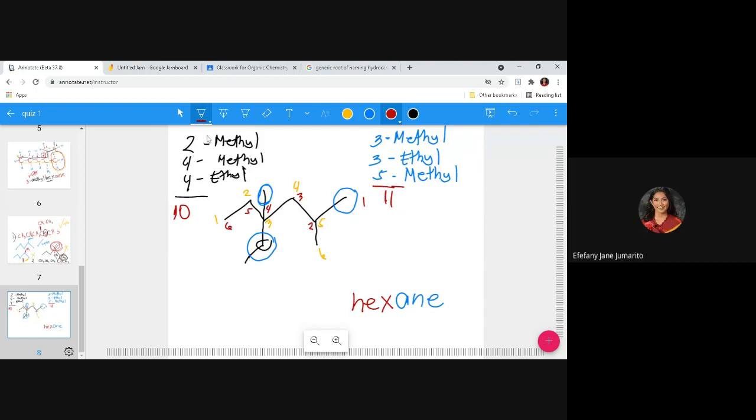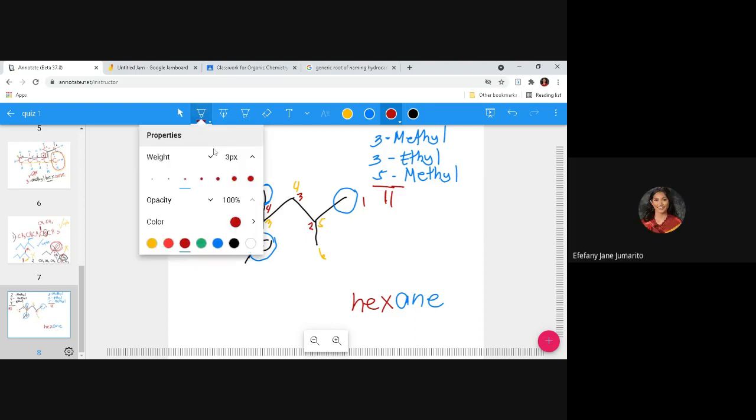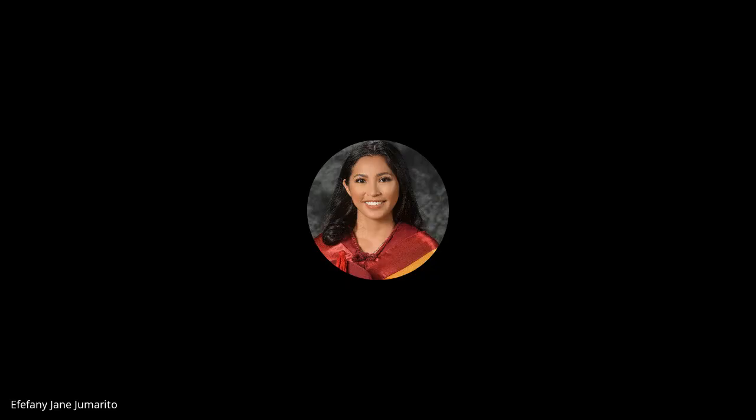Okay, and then, unsa to isulat there, class? Let's name it na. So, in the red, we have 2 class. After sa kaning number, you put dash, 2-methyl.